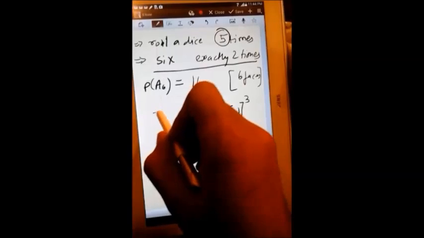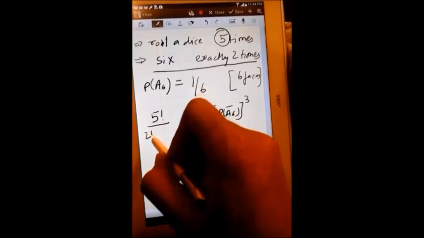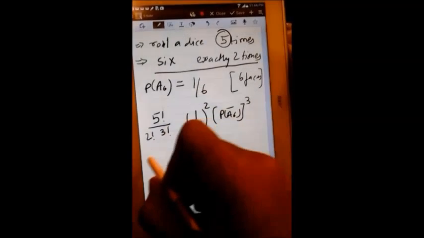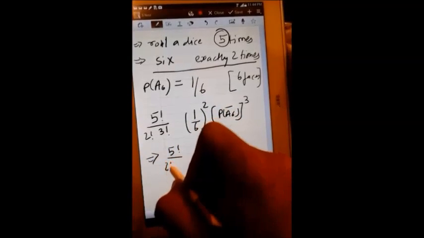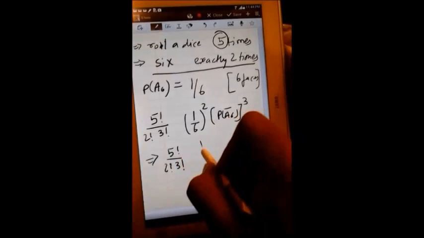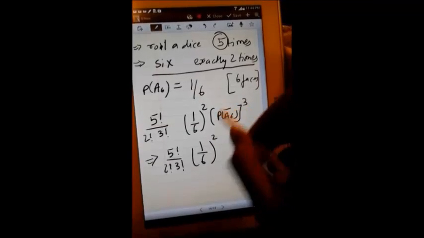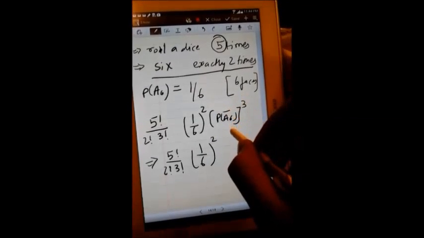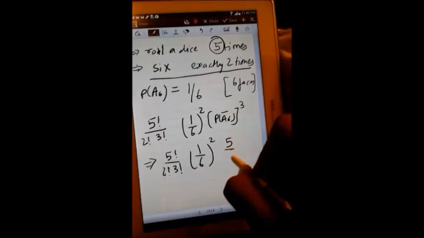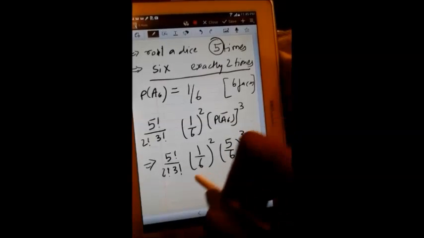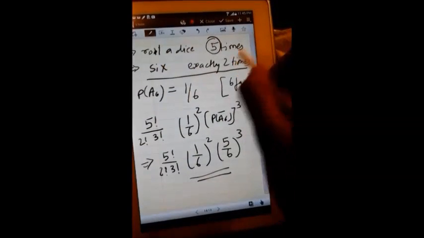Total number of trials is 5 factorial, and we have 2 factorial and 3 factorial in the denominator, which is 5 factorial upon 2 factorial into 3 factorial, 1 by 6 the whole square, and this is the occurrence of the other events except 6, which is 5 by 6 the whole cube. This is the probability of occurrence of 6 exactly 2 times.